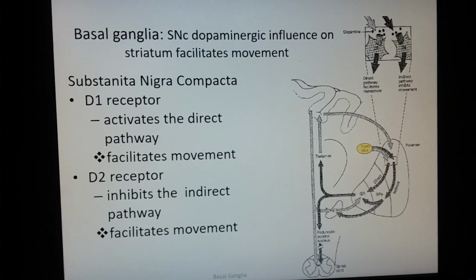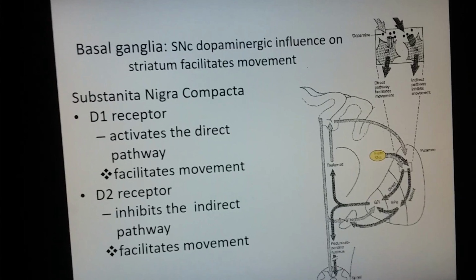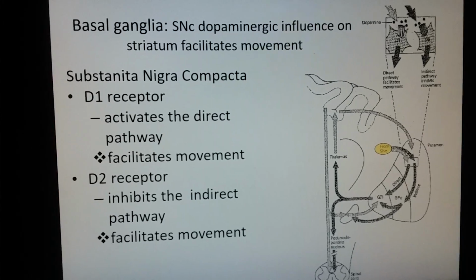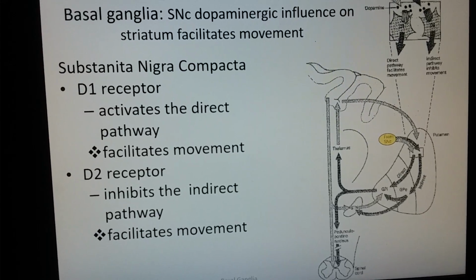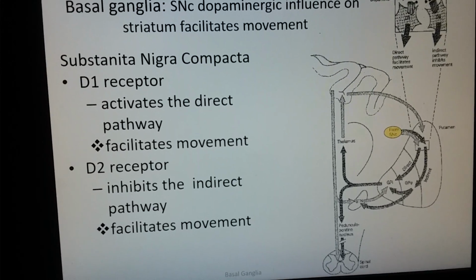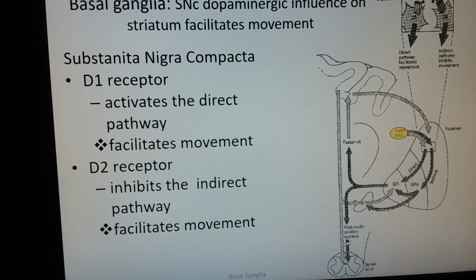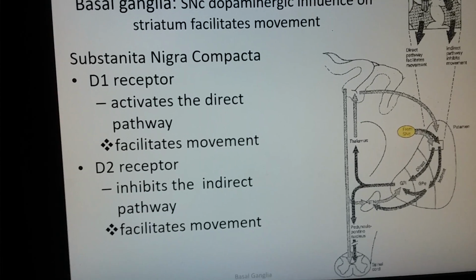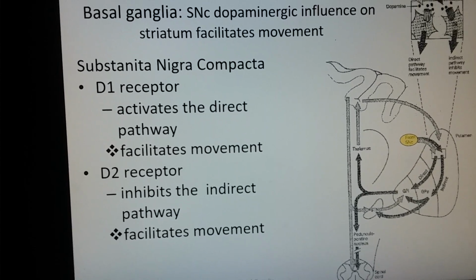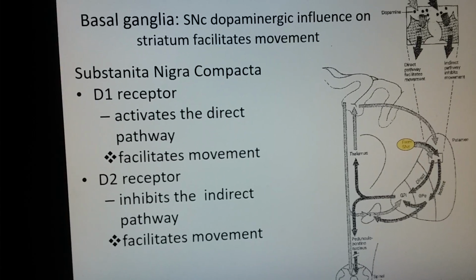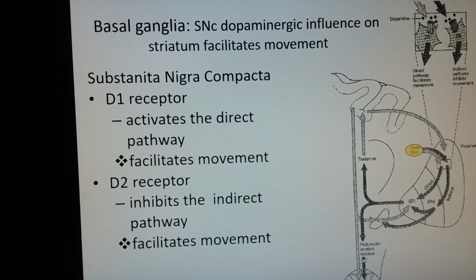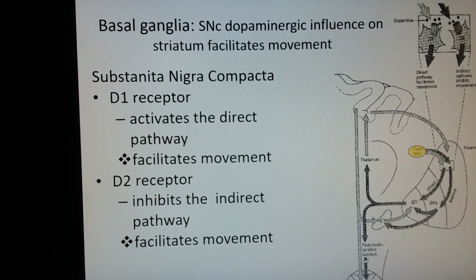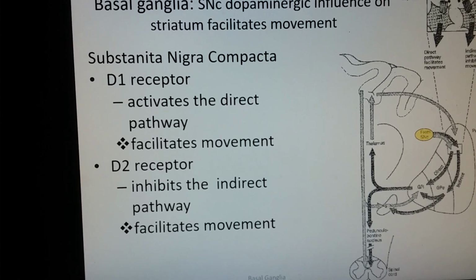Now, to add in a little bit of detail, the indirect and direct pathways both work because of dopamine. There are two types of receptors there in the putamen. A D1 receptor, which activates the direct pathway. We just said that's the gas that facilitates movement. And there's also a D2 receptor, but it inhibits the indirect pathway.